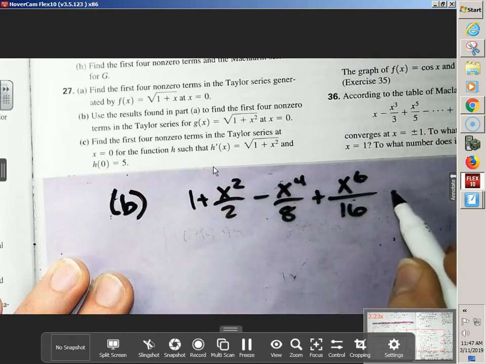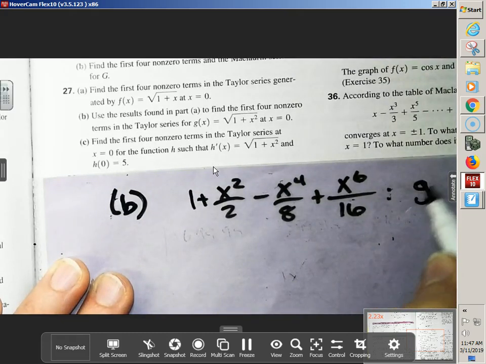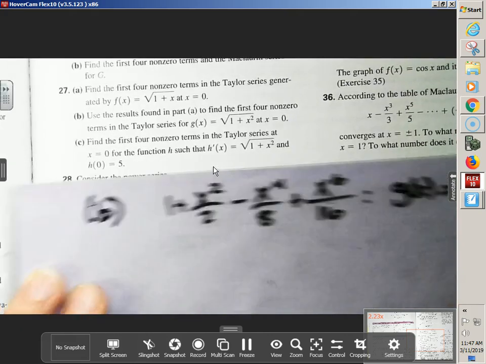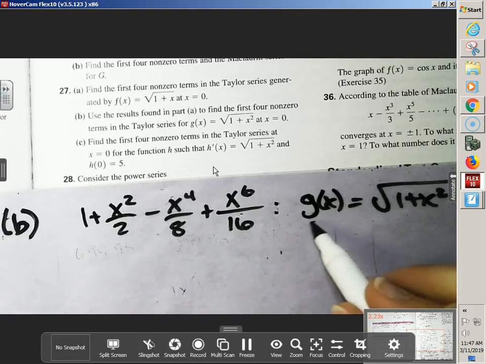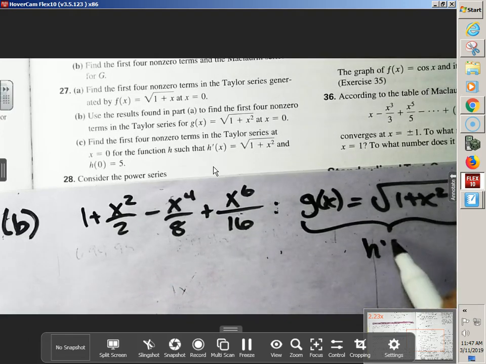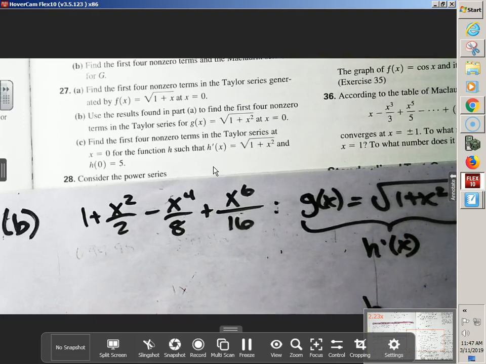So this was for G, right? Which is square root of 1 plus x squared. Okay. And we're trying to find h, but they give us h prime. Yeah, and then I tried taking the integral. Oh, I should just take the integral of this. This is h prime. To get to h, we want to integrate. Yeah.